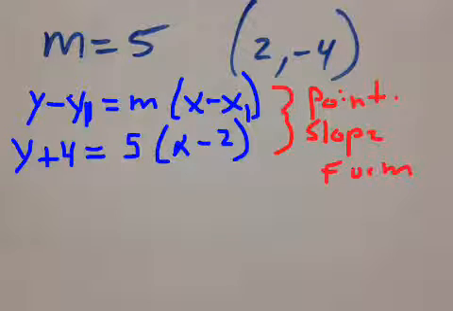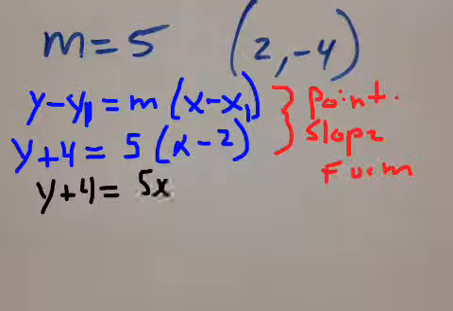And now we want to move from point-slope form down to standard form, which in order to do that, we're going to have to use the distributive property. So that's the point-slope form. Now we're going to change it into the standard form, and we're going to start with the distributive property, 5x, and then 5 times -2 is -10.